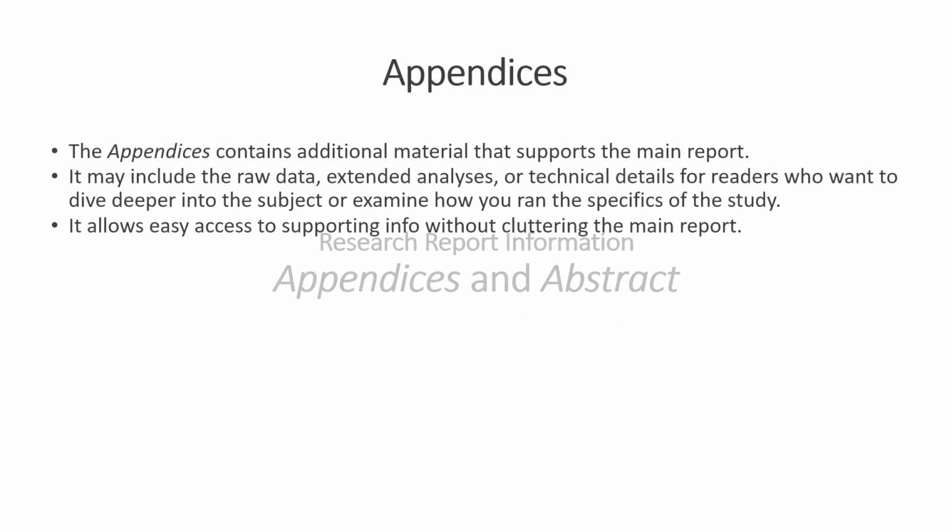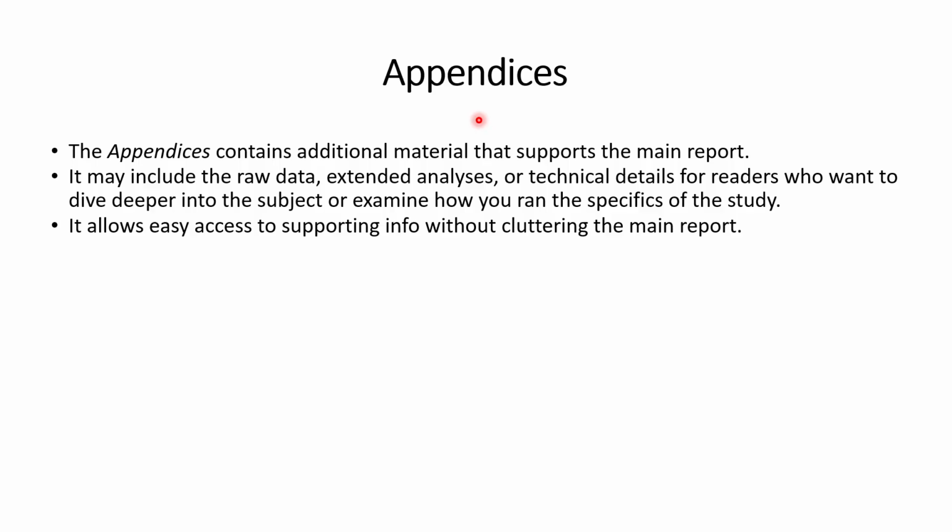So let's begin. We're going to start with research report info on the appendices and the abstract. The appendices section of a paper usually contains additional material that supports your main report.